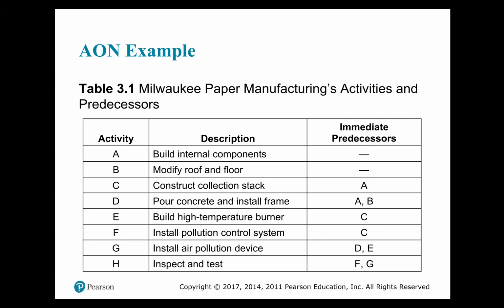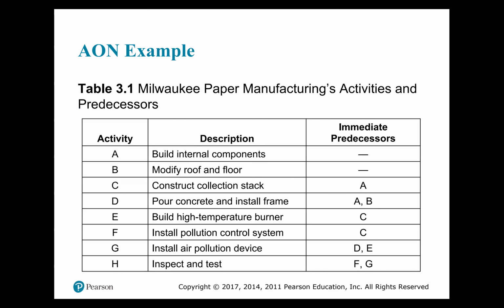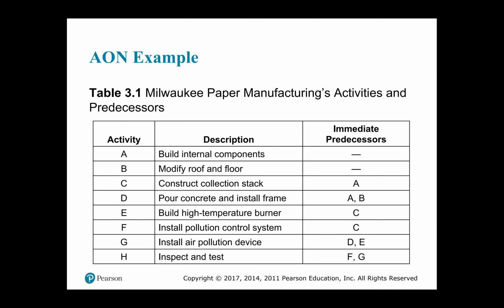All right, so here we go. I asked you to take a picture of the Milwaukee paper manufacturing activities and predecessor relationships, work breakdown structure. So here you see, we're interested in the activity, not so much the description, and the immediate predecessor relationships, right?